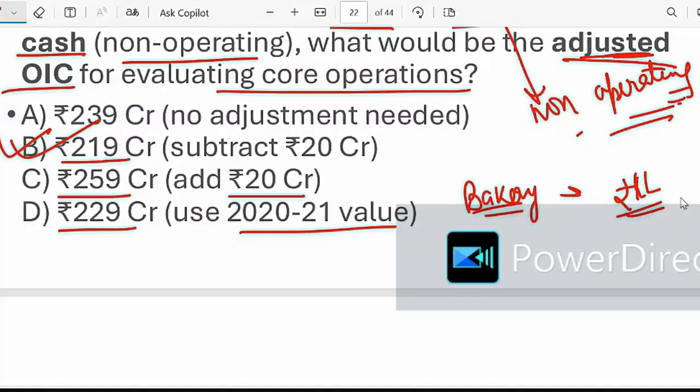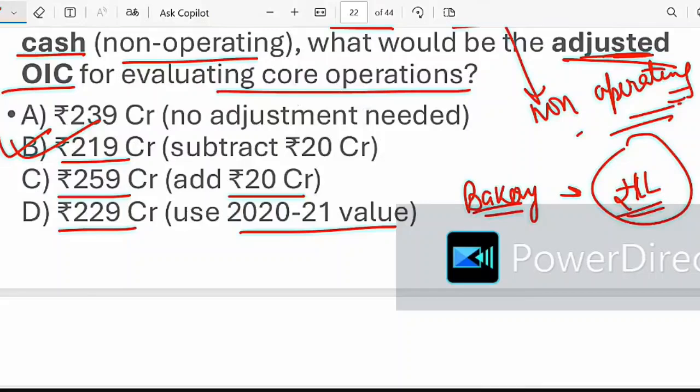This cash does not help the bakery's daily operation. So to get the real picture of how much money is being used for baking cake, we subtract that excess cash from the bakery's operating capital. This gives us the adjusted OIC.